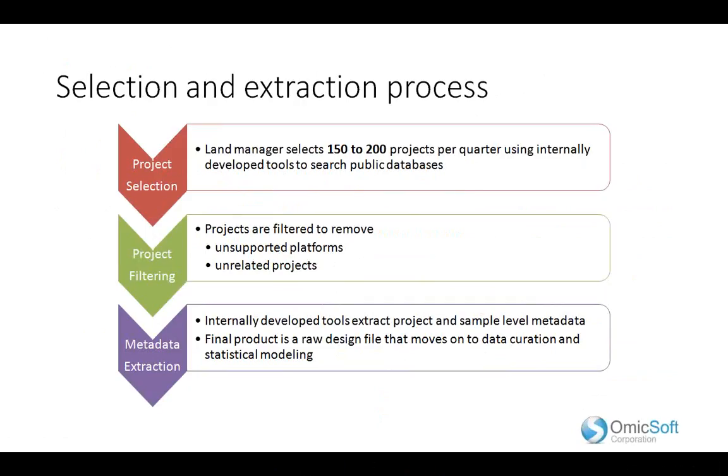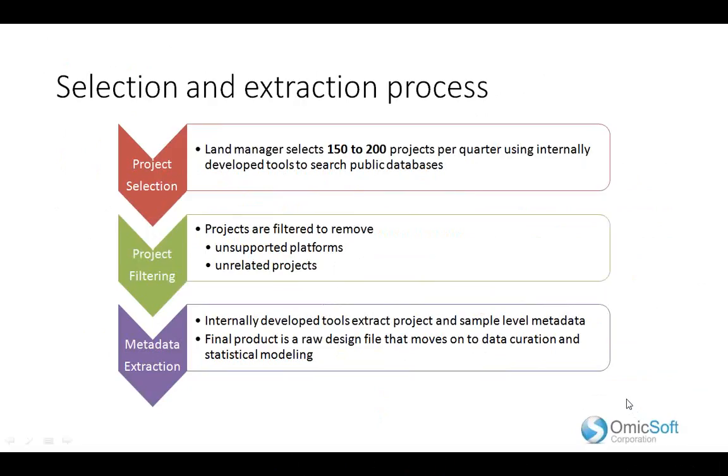For example, some of the platforms do not support arrays, and some are very obsolete platforms. Some of the projects probably have some keywords but have nothing to do with it, so we really back them out unless some clients do.